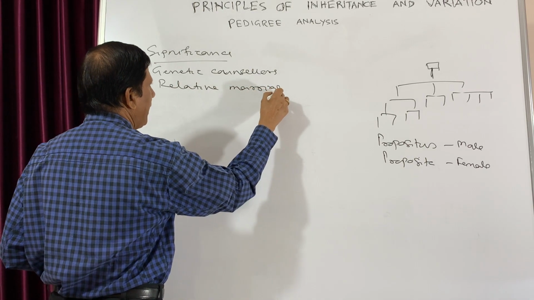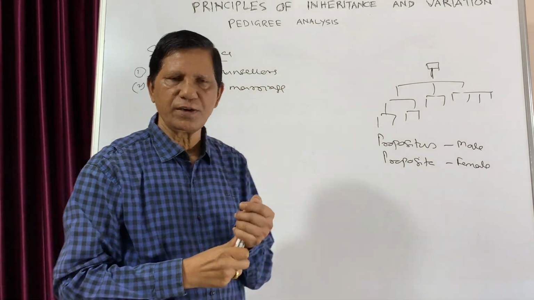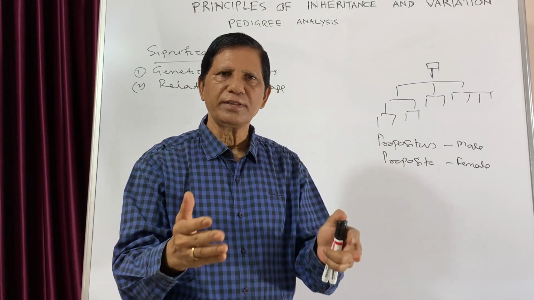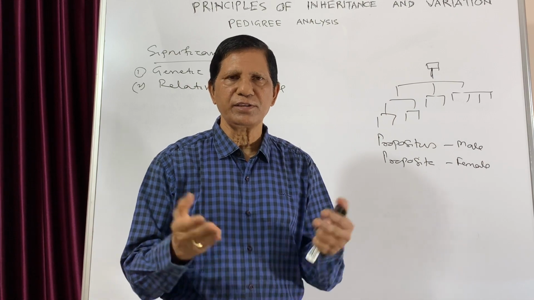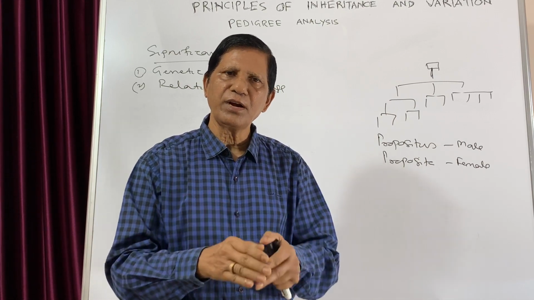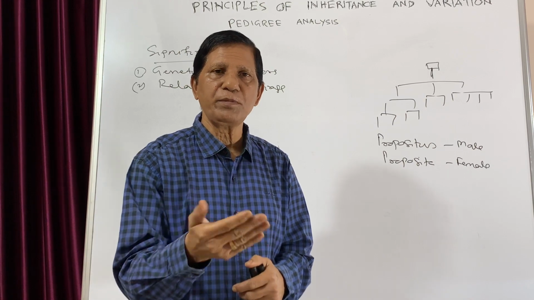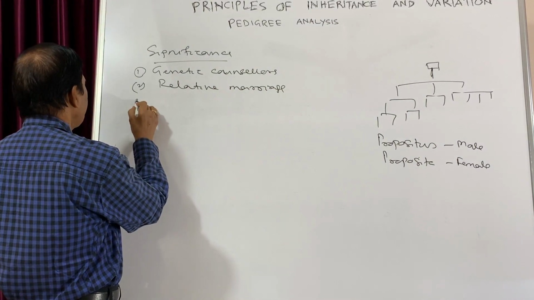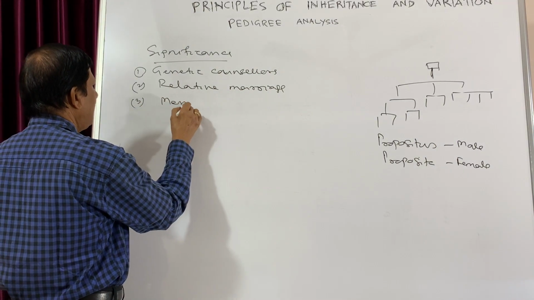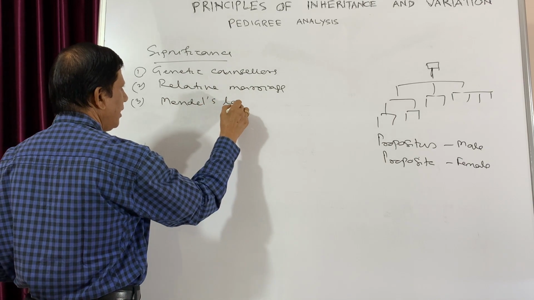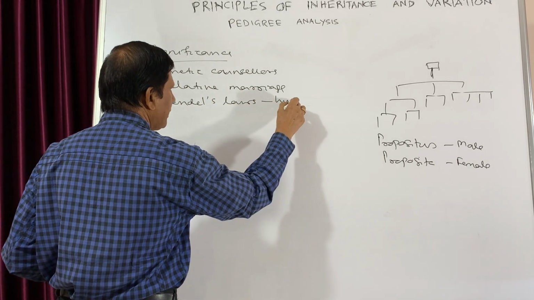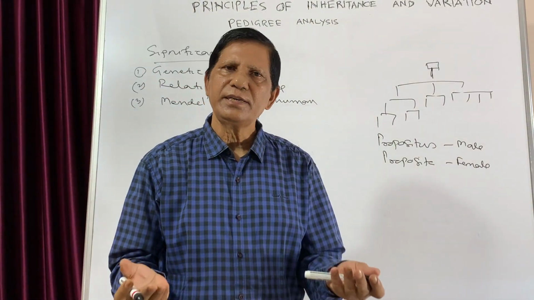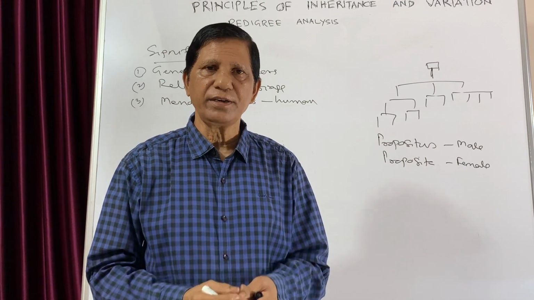The second significance is in case of relative marriage. If there is marriage between cousins, then the characters which have not appeared, there is a possibility that they will appear, because there is every possibility that the character will come in homozygous condition. So what will be the probability? The genetic counselor can tell. The third point is that Mendel's laws are applicable to human beings, and that can also be easily studied.